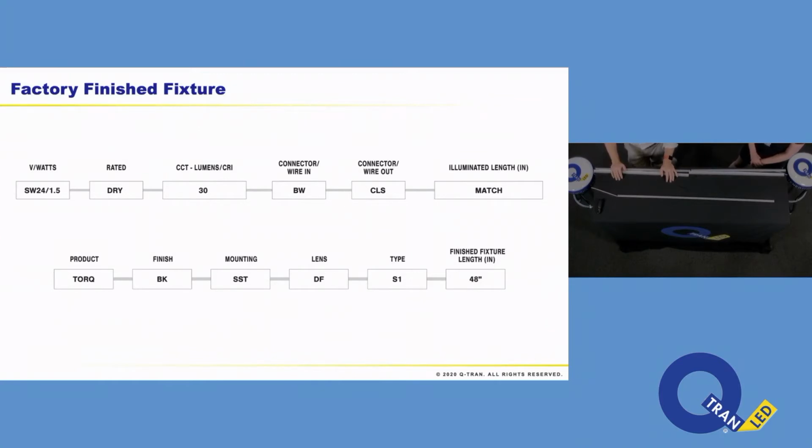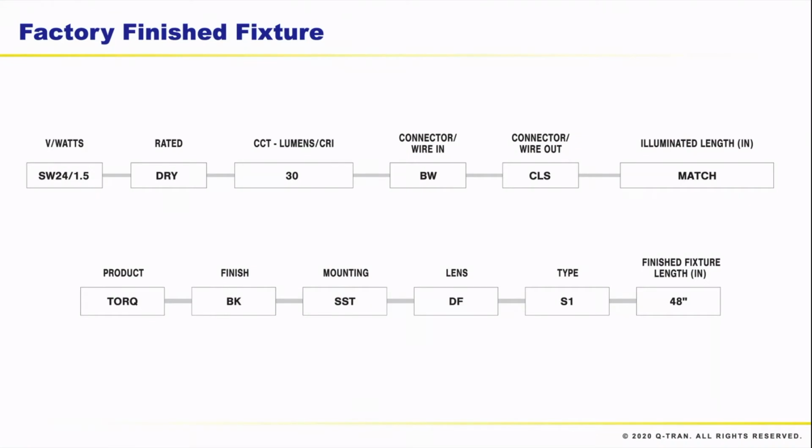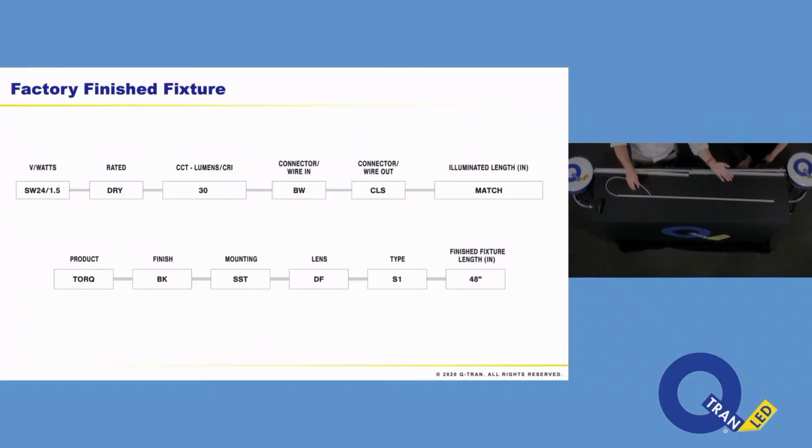This happens to be 3,000 Kelvin, and it's bare wire in, and it's closed on the end, and Match told the factory to build it as a finished fixture with a torque extrusion in the color black. We do not have the mounting clips here today, but they would be included. With a diffused lens, single, because there's only one wire, followed by the length of the total finished fixture at 48 inches.